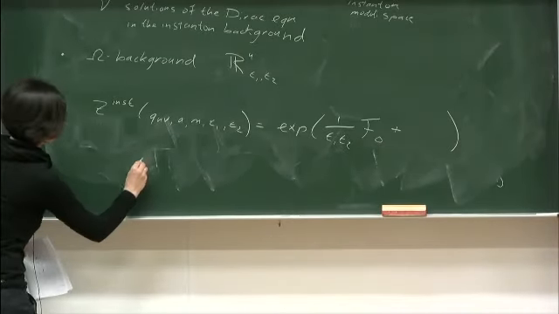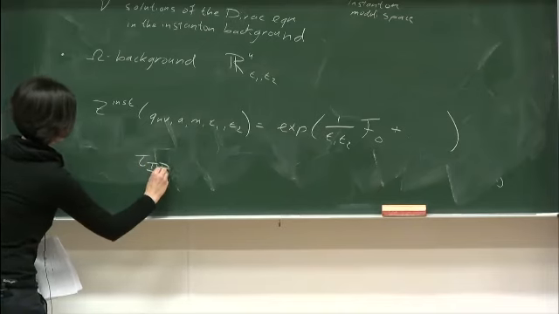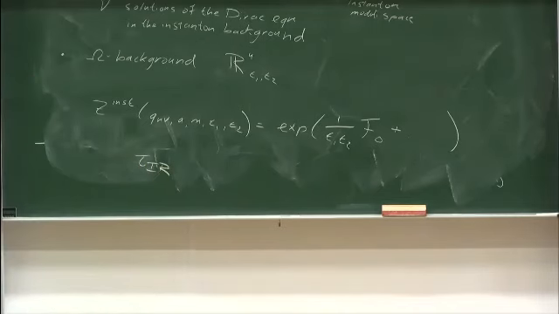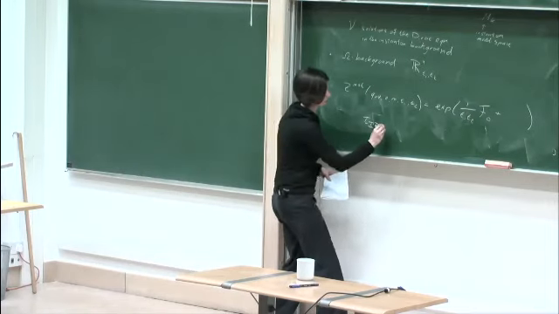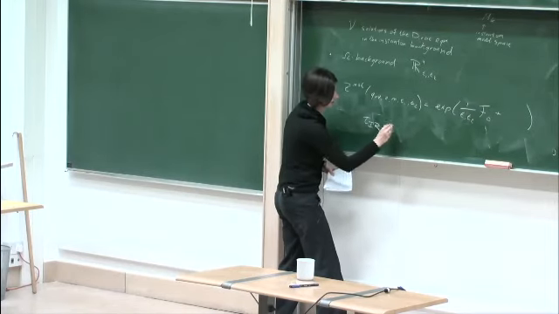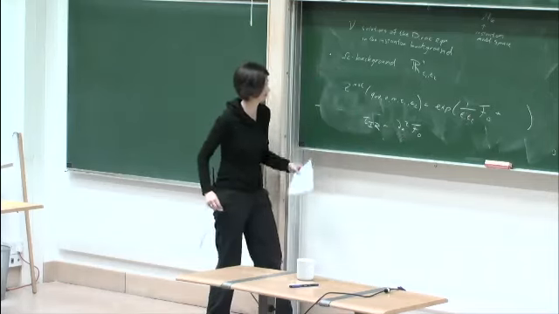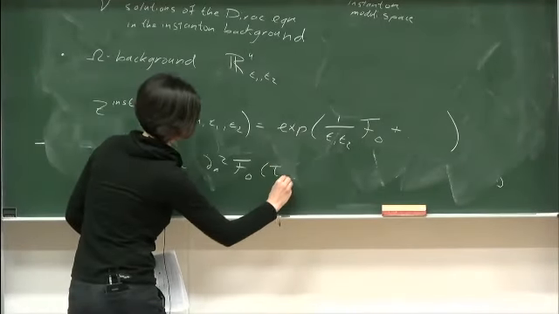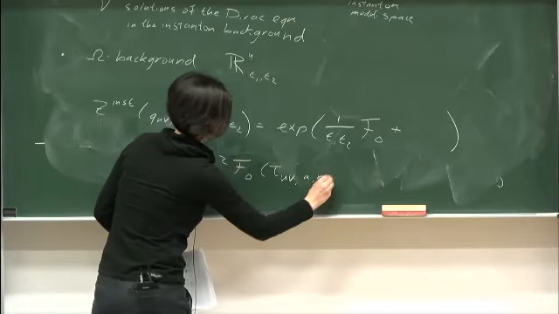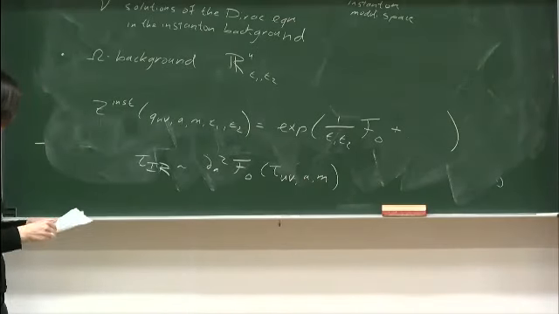The IR couplings of the gauge theory are encoded in the second derivative of this prepotential, which will depend on all of these parameters.